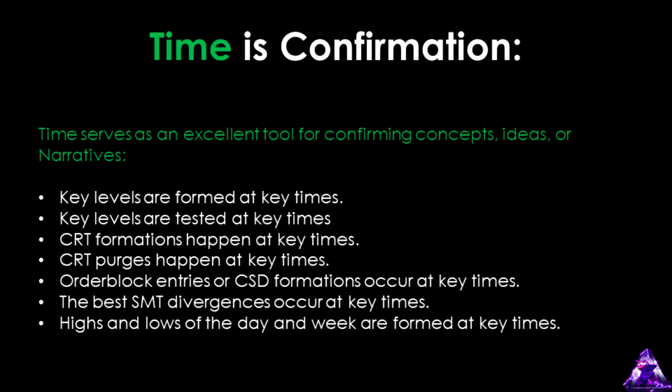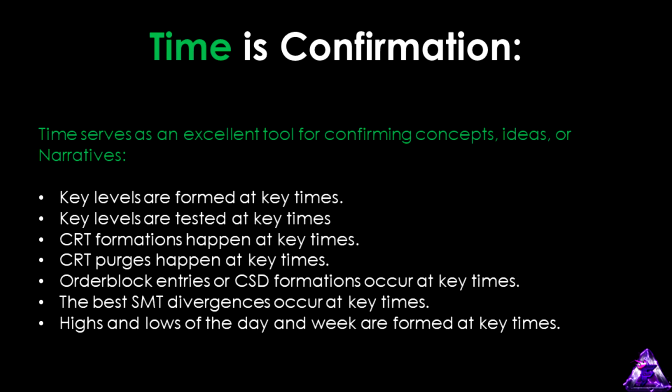After this engulfment, an order block is formed, which we refer to as a change in state of delivery. The entry generated after an order block is called a Model 1 OB entry, and the best ones are formed at key times. When looking for entries, you need to ensure they occur at key times.